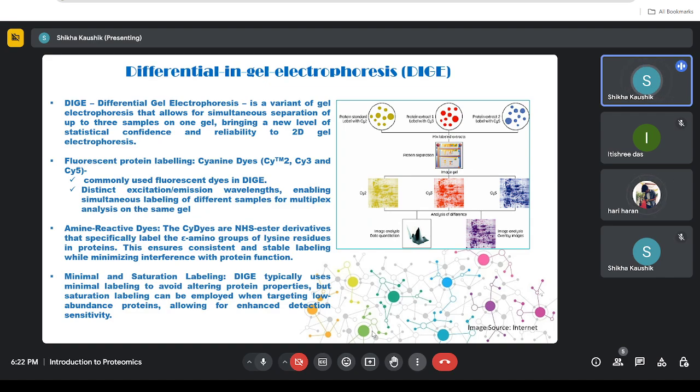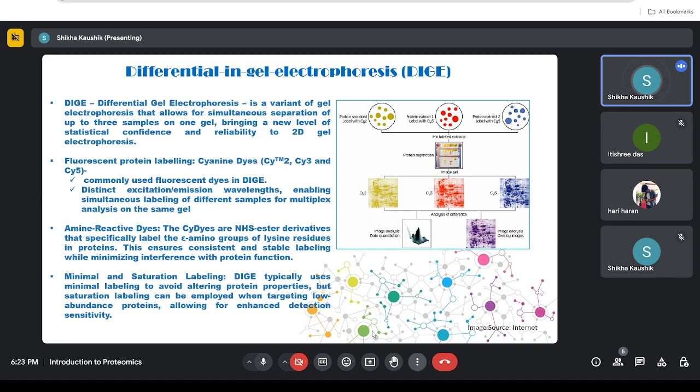Second, you said that if there is less lysine in your protein, yes, definitely your signal will reduce. But because this is fluorescence based, that thing is going to remain.